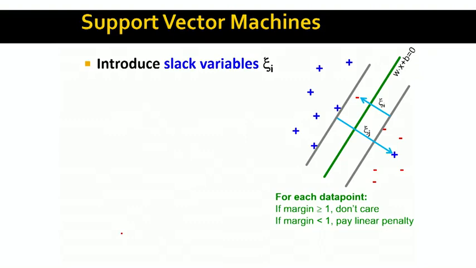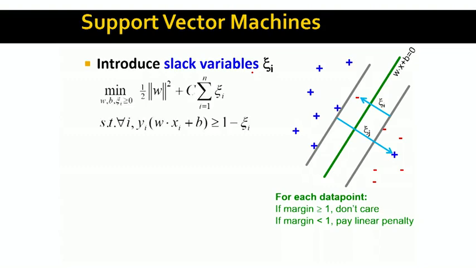So how do we use margin to penalize mistakes? We introduce this notion of slack variables. The way we think of slack variables is as additional constraints, or additional penalties, that we get for misclassifying a data point. So we have our separating plane, and the value of the slack variable, or the penalty, will simply be the distance from the other side of the margin to the data point itself.